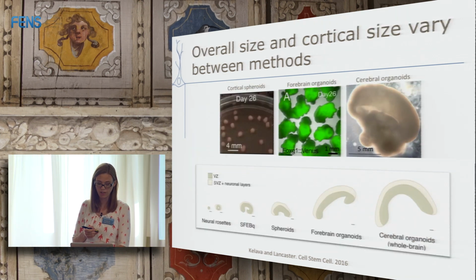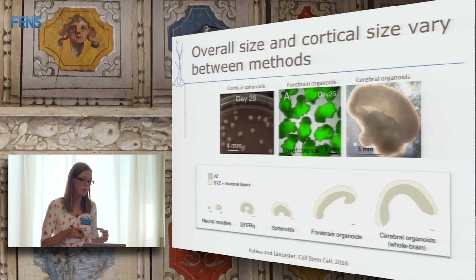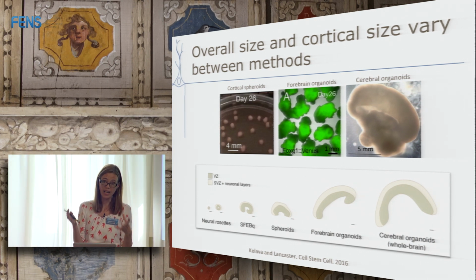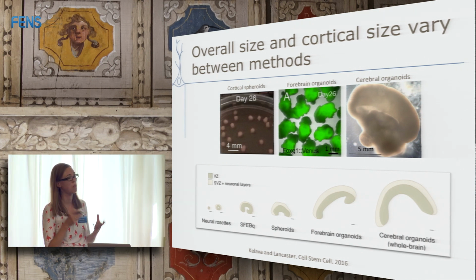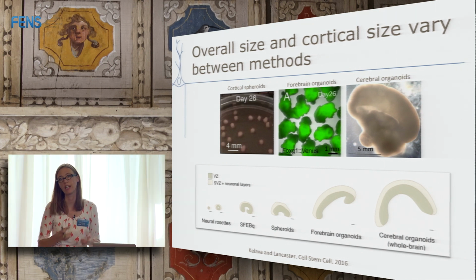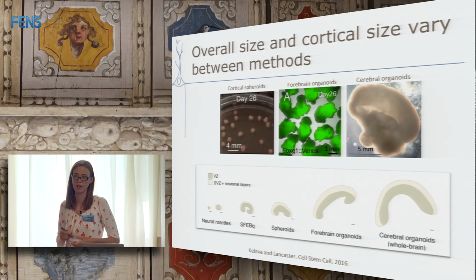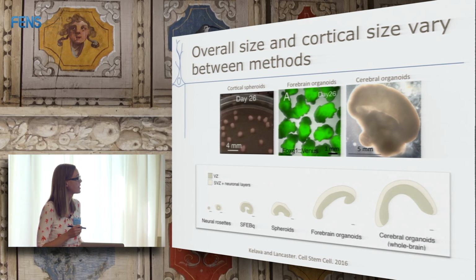But the kinds of processes we're interested in in my lab, in terms of cortical size determination and those tissue morphogenetic events, we want that complexity. So we're using it for investigating developmental biology and trying to understand what's happening there. And for that, it's really great.